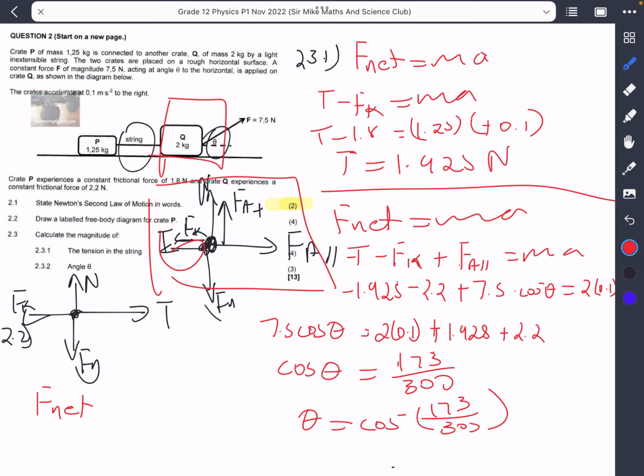If you put that in your calculator, let me just punch that right now. So shift cos, and theta is 54.78378 degrees. So that would be the value that you are going to get for that question there.